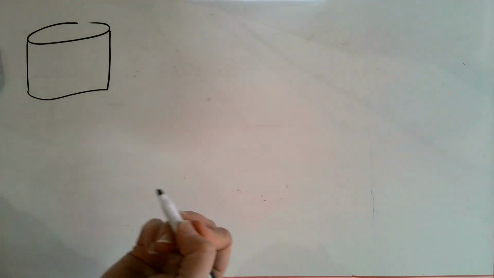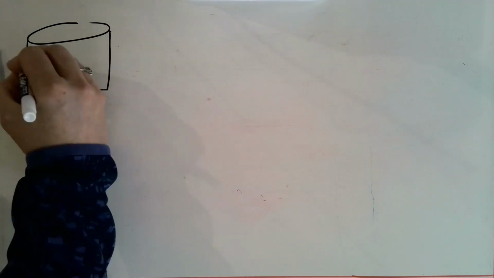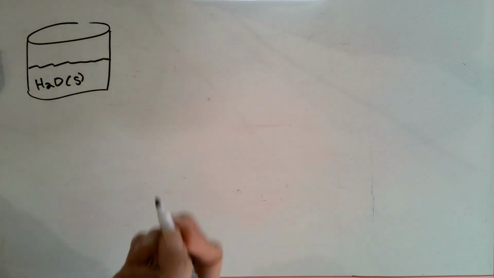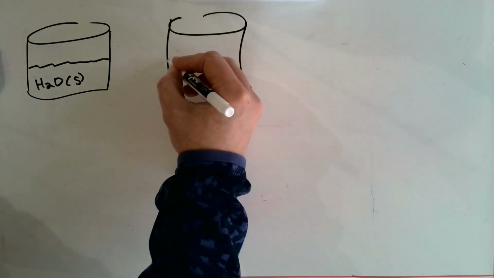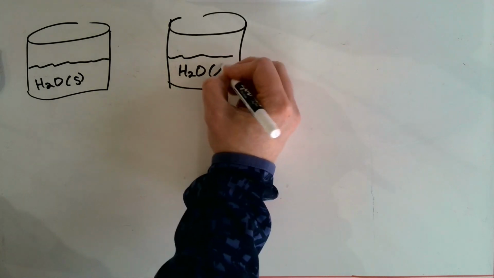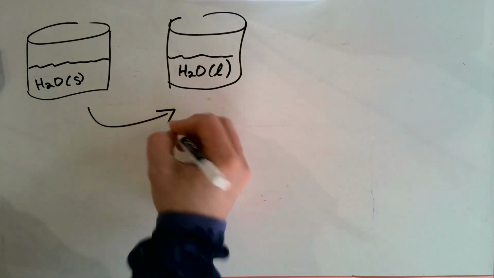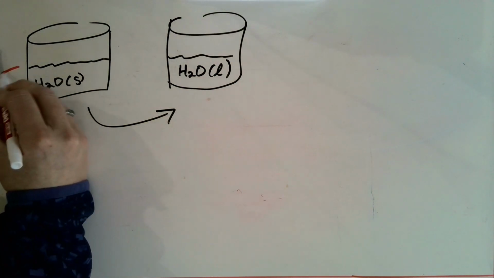If you had a beaker of water, and let's say we actually start out with ice, and I want to turn that to water. So I want to melt the solid into a liquid. I want to go from here to here. Well, what do you need to do? You need to add heat.